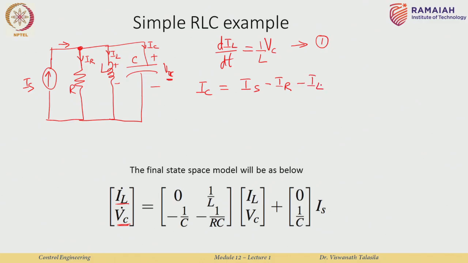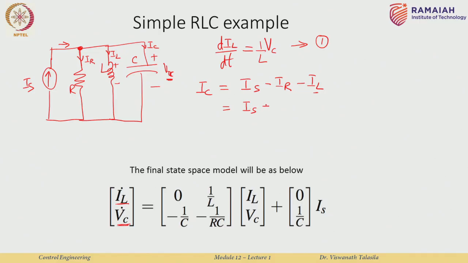Now, we have IL in this expression. I do not want to touch IL because we want the interconnection matrix between the voltage across the capacitor and the current through the inductor to contain both terms. What I will do is replace the other terms if possible. Is of course will stay as it is because it is an independent source.